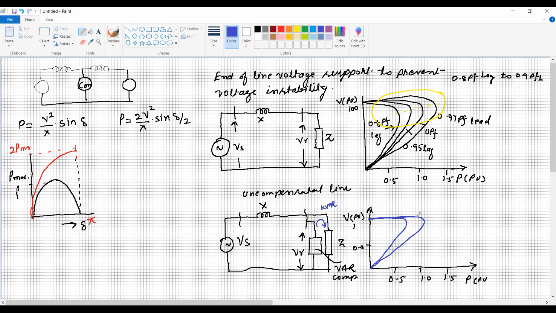So we can represent the constant voltage profile of the load. So here it is, say, 0.8 lag, it is unity power factor, and it is say 0.97 leading power factor. So it is quite clear that there is the uncompensated line and the compensated line.